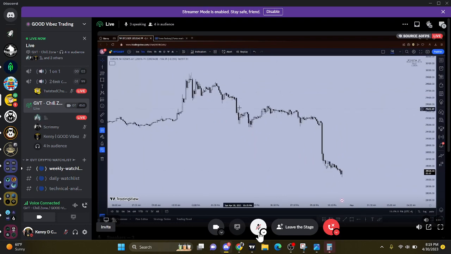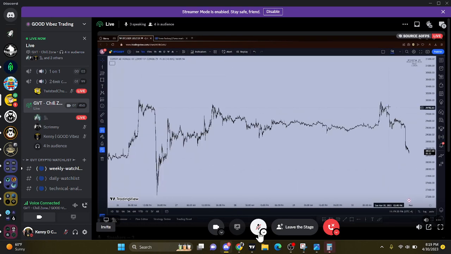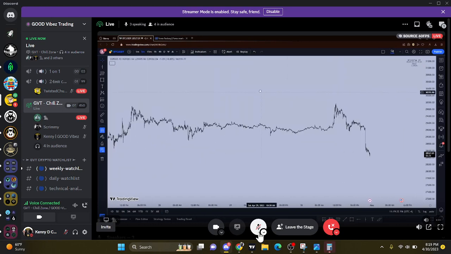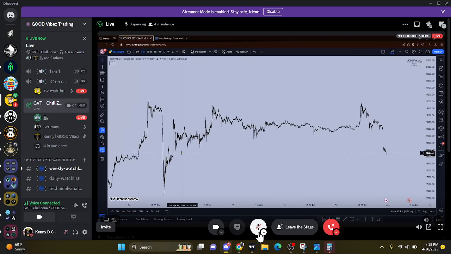Displacement. Retracement to fair value gap. Market has to go bullish for retracement. But remember where we are, where we came from, and where we are likely to go.